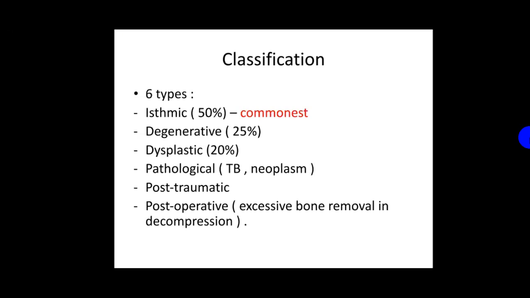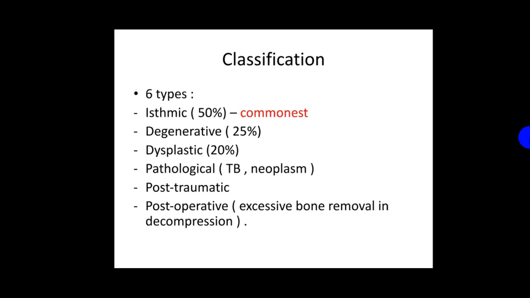It constitutes almost 50%. Second اللي هو في عندنا degenerative, which constitutes 25%, and also dysplastic or pathological or post-traumatic or even post-operative. زي السؤال اللي سألتوني عنه post-laminectomy syndrome.